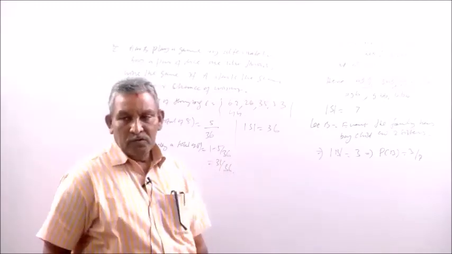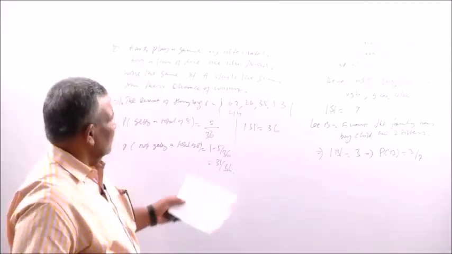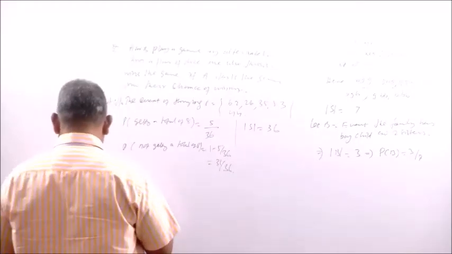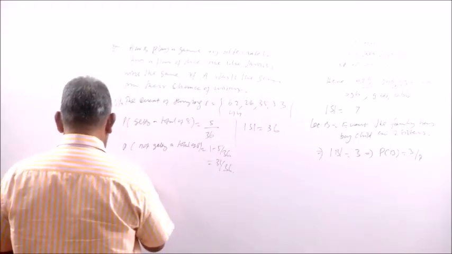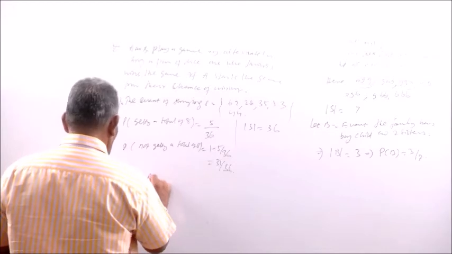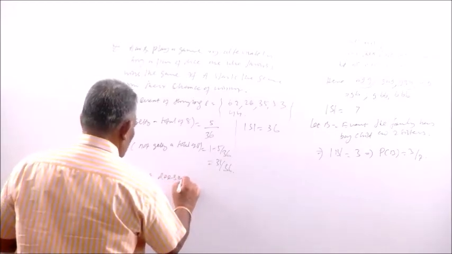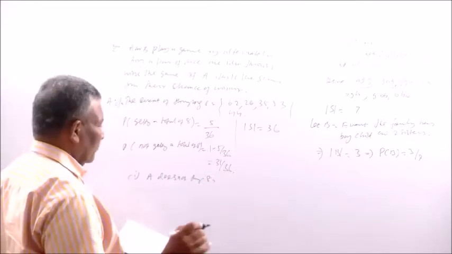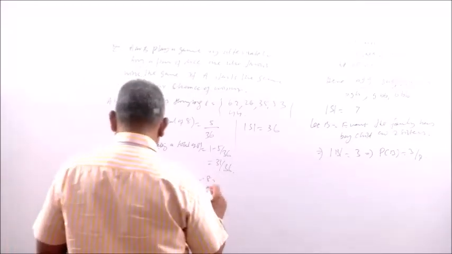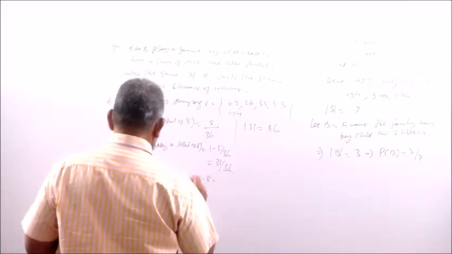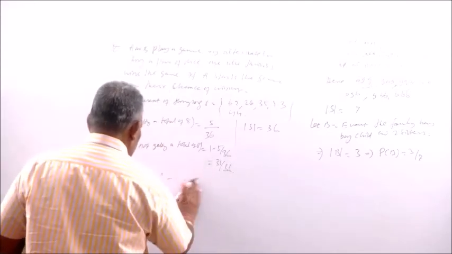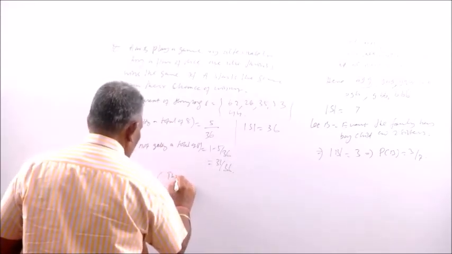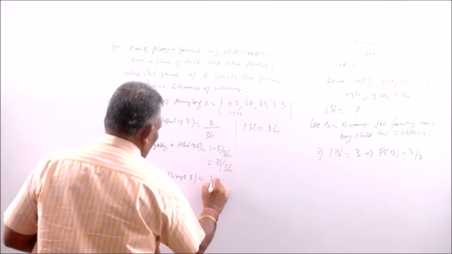So the condition is A starts the game. First one is A throws 8. If A throws 8, then the problem ends there. P of A throws 8 is 5 by 36.